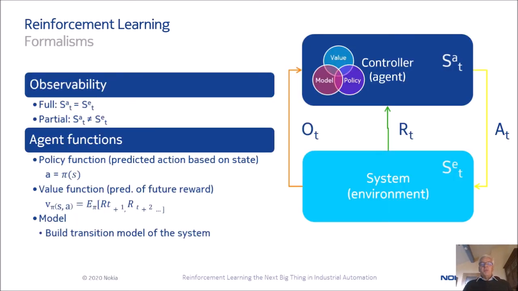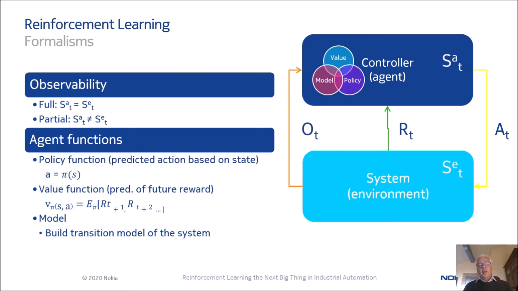Now some formalisms. As I said, we have this controller and we have the system, and they interact with observations, rewards, and actions between each other. The controller by itself has three major functions in it. First of all, it has a policy function, which takes an observation and derives the next best action to take on this observation.